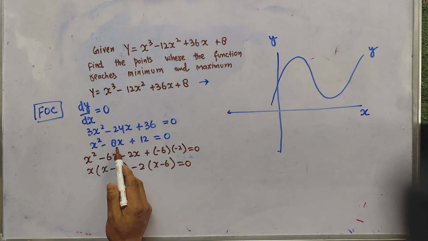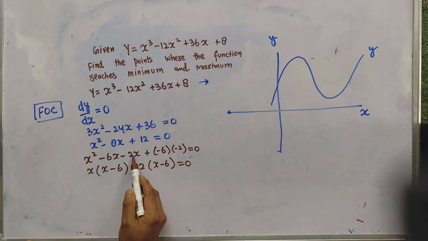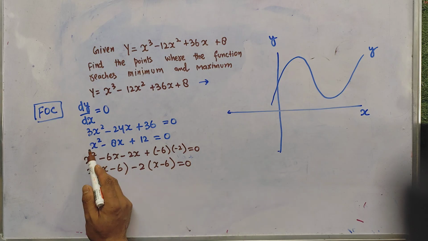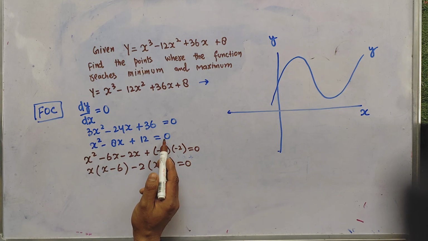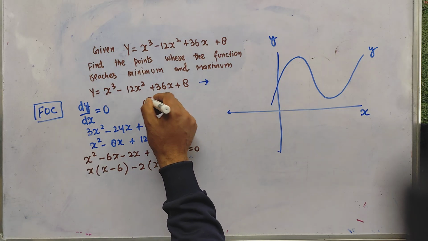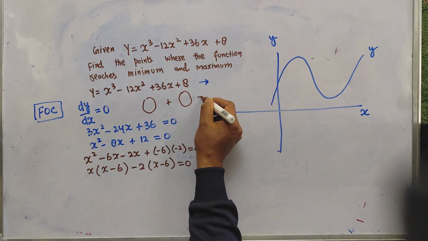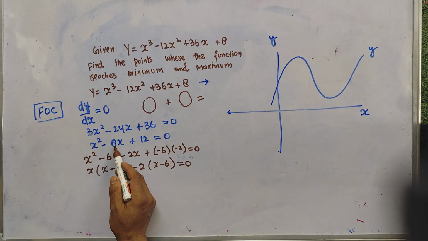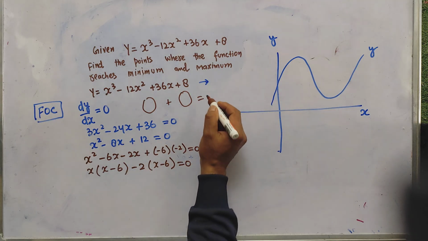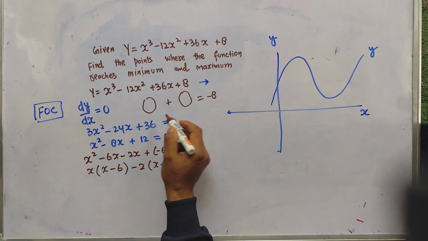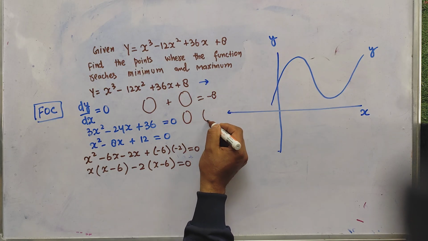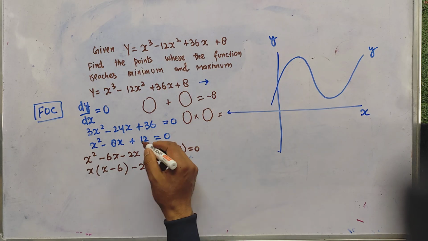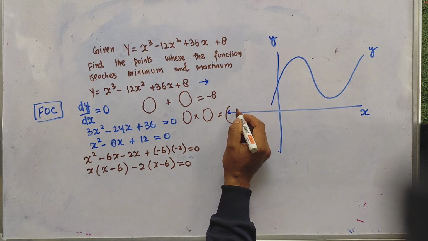Now how did I get this minus 8x equal to minus 6x plus minus 2x? It is very simple. Given this quadratic function in standard form, the sum of the two numbers should be equal to the coefficient of the middle term, which is minus 8, and the product of the same two numbers should be equal to the constant term, which is 12.